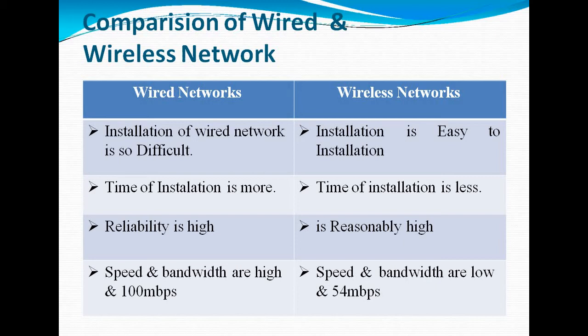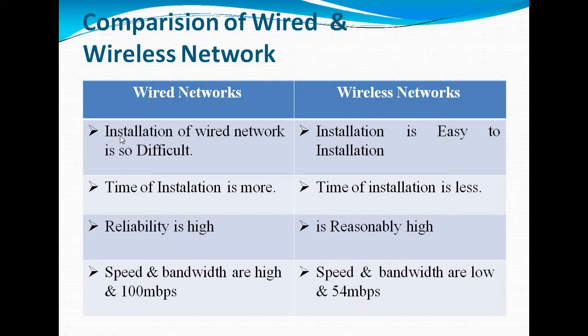In a wired network reliability is high. Speed and bandwidth are high, up to 100 Mbps, but in a wireless network speed and bandwidth are low, up to 54 Mbps.